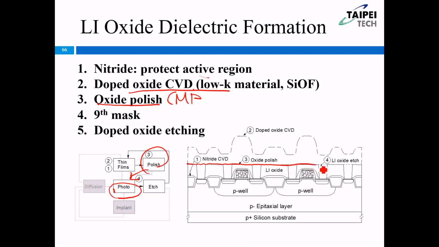So right now we have a very smooth outside, and then we go to the photolithography. We need another photo mask, and then we need to pattern the outside.